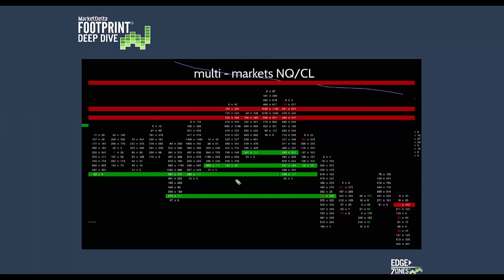You could see if you sold oil in here off of this zone, look at the head start that you get before you get tested. And then you're not even tested through where you probably ultimately would be wrong on a short, which is above this red initially. And then you adjust accordingly.